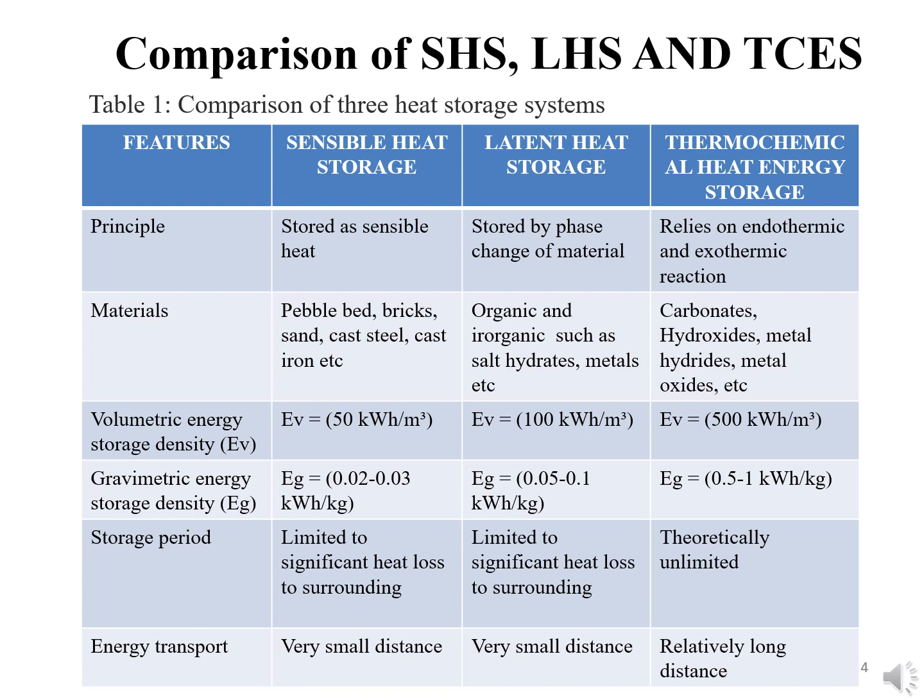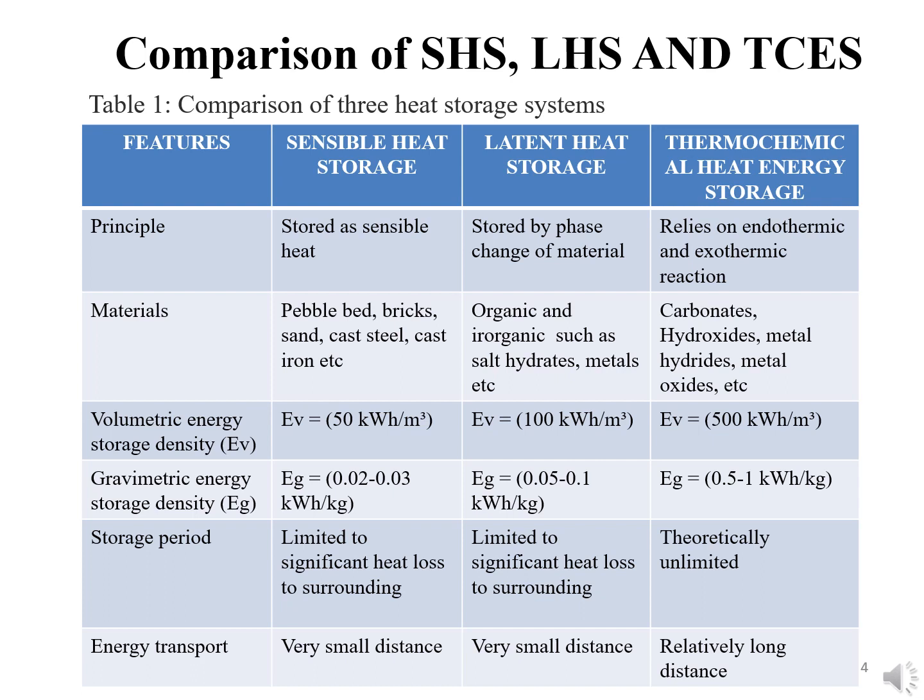Talking about the materials, pebble bed, bricks, sand, cast steel, cast iron, etc. are used in sensible heat storage, whereas in latent heat storage, organic and inorganic materials such as salt hydrates, metals, etc. are used. In thermochemical energy storage, carbonates, hydroxides, metal hydrides and metal oxides are used.